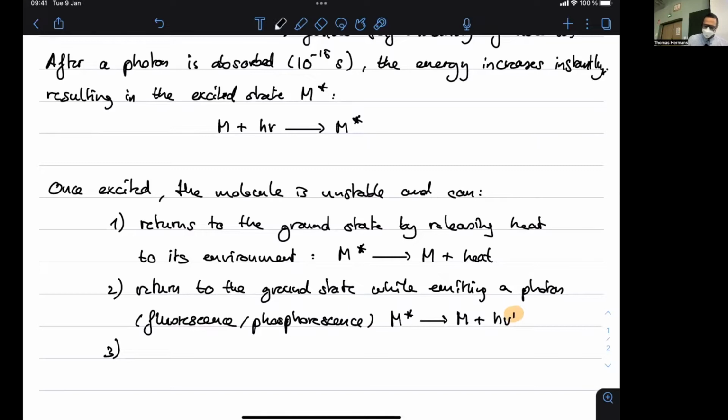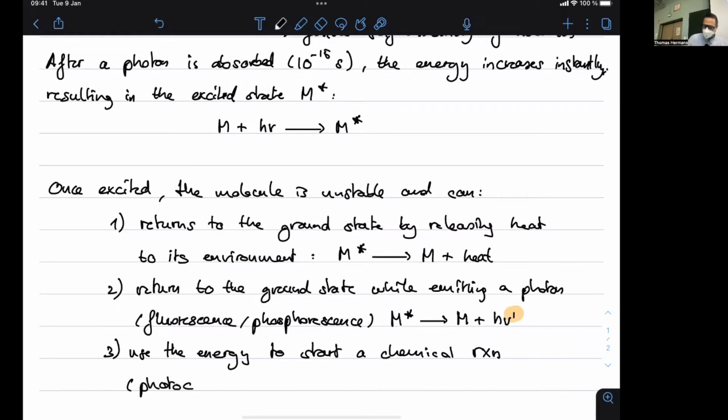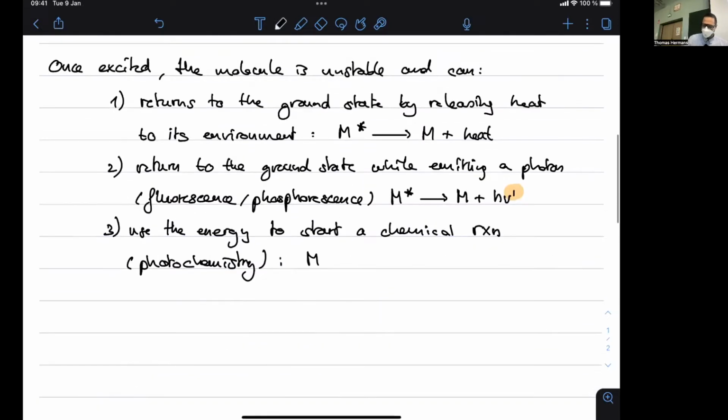Or once it's excited, the molecule can use the energy to start a chemical reaction that you call photochemistry. So for example, M star plus X gives some kind of product.